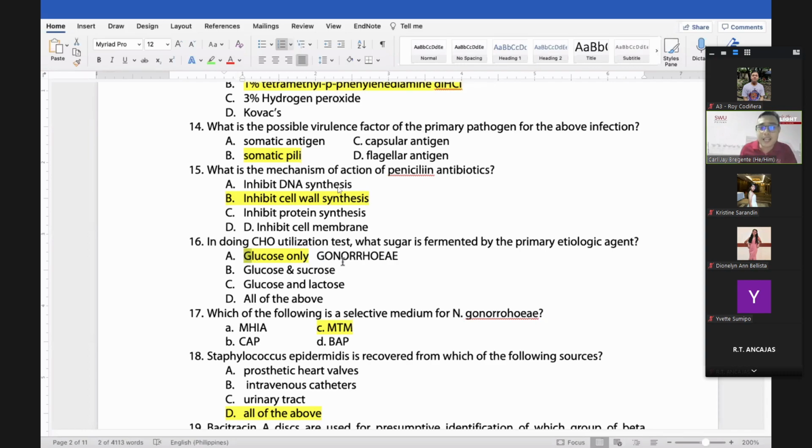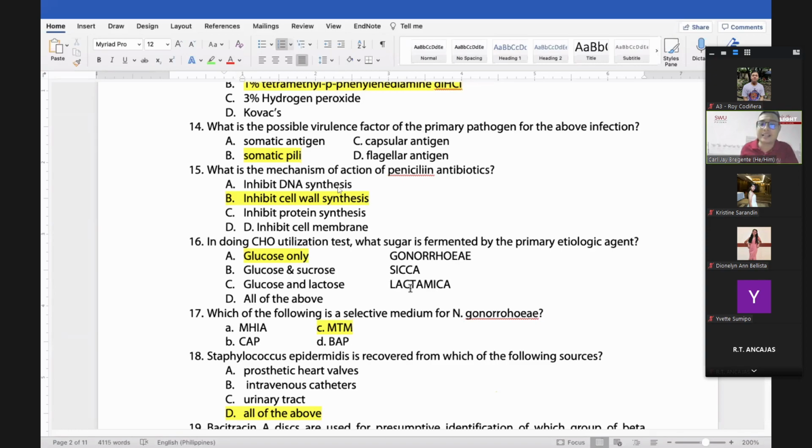Okay? Most of the Neisseria species ferment glucose, but only Neisseria gonorrhoeae ferments glucose alone. The rest of the sugars are negative. For glucose and sucrose, class, usually that is Neisseria sicca. So sicca is for sucrose. For glucose and lactose, you have another species of Neisseria, which is lactamica.